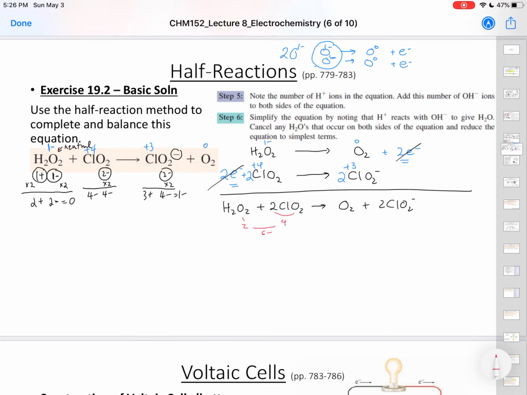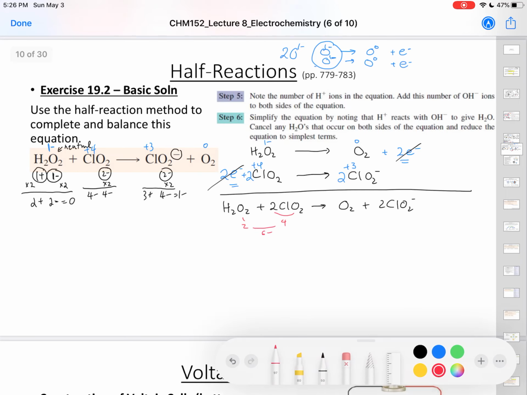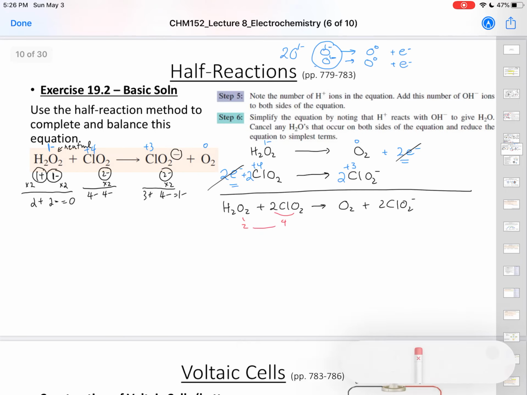Here we've got 4 oxygens, so that's 6 oxygens total. Here we've got 2 oxygens. Here again we've got 4 oxygens. So 6 oxygens total. So the oxygen count is balanced. Nice. The hydrogen count, there are 2 of them here, so we need to add 2 hydrogens to this side.